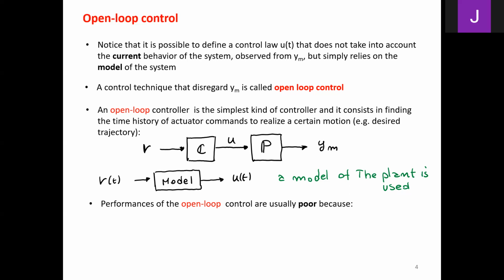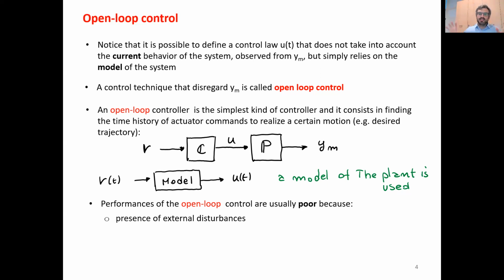What else? You remember the d variable we were talking about? If you have disturbances, they also affect the evolution of ym, and so they drive it away.